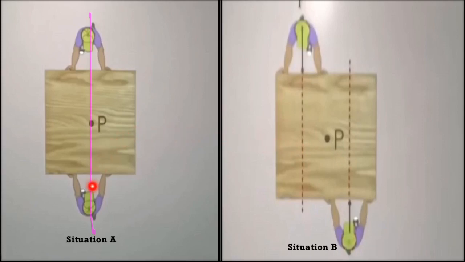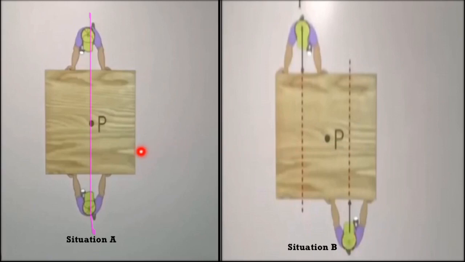Yes, in situation A, they both are applying the force along the same line. Or we can say that the line of action of force is same. But here, this is the line of action of force, and for this person, this is the line of action of force. So, in situation A, the line of action of force was same, but in situation B, the line of action of these forces is not same.